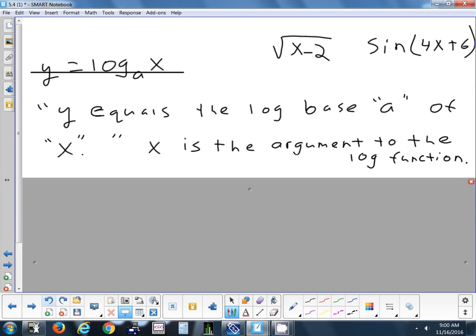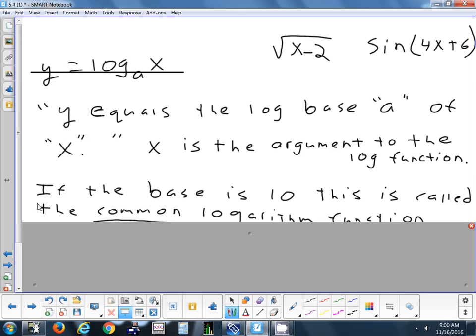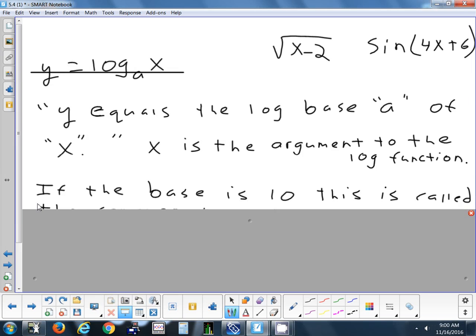Now there's 2 logarithms that have special bases. Okay, well they have special names because of the base. And we have 2 buttons on the calculator for these special ones I'm about to talk about. Okay, if you have what's called a base 10 log, so if you plug in 10 for the a, that has a special name.